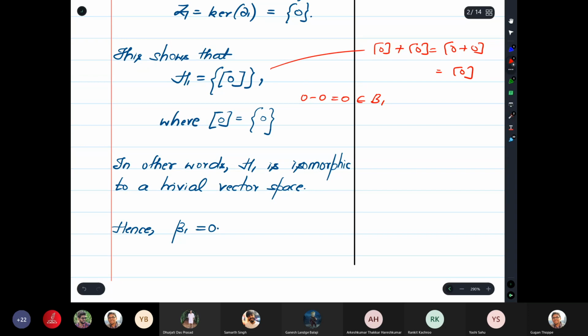So I can ask you whether H1 is equal to C1. Can one of you volunteer and tell me, is H1 equal to C1? Recall, C1 we defined in this sense. Can one of you tell me whether C1 and H1 are one and the same?